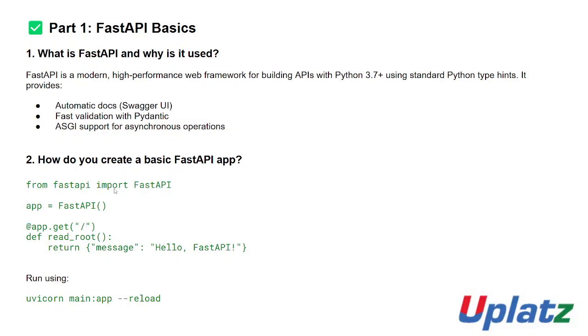From fastapi import FastAPI. app = FastAPI(). @app.get("/") is the decorator. def read_root(): return {"message": "Hello, FastAPI"}. Run using uvicorn main:app --reload.